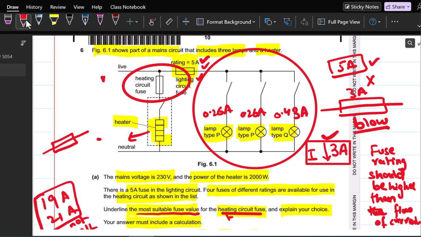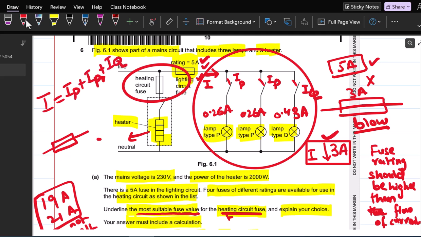So it is a parallel circuit. When the switch is closed, the current which is going to flow here will split into IP, IP, and IQ. So if we add these currents, we will get the fuse rating. So I is equal to IP plus IP plus IQ.